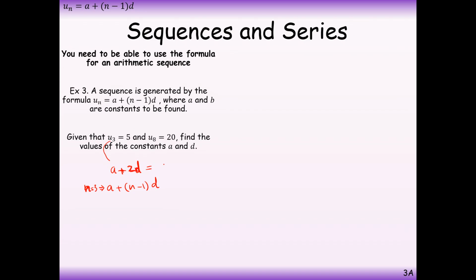And this we equate to 5. So this is one of our equations. The other equation, when n equals 8, is a plus, again, 8 minus 1 d. So 8 minus 1 is 7. So a plus 7d equals 20, because that's the eighth term.